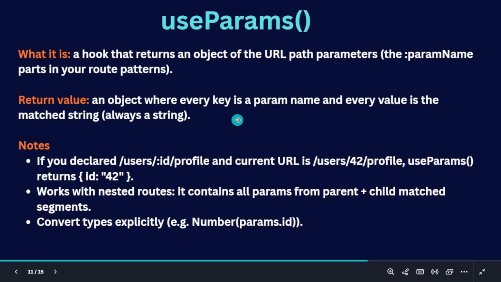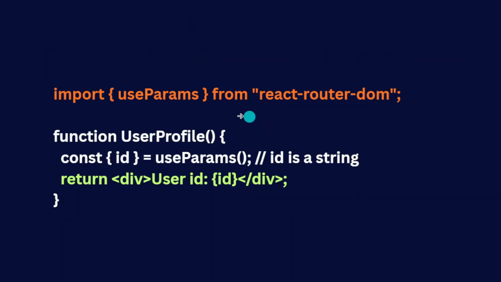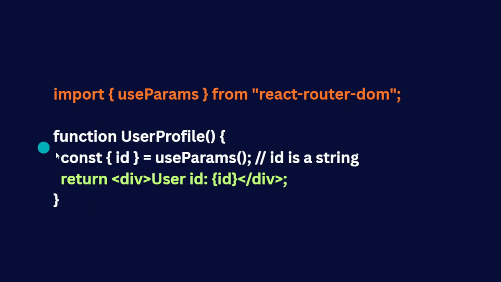This is useParams, because we are going to use it a lot. All the concepts I explained to you have a lot of use cases in every project. And yeah, this is the syntax: we have to import from react-router-dom and then write a function like this. And here we are using destructuring.